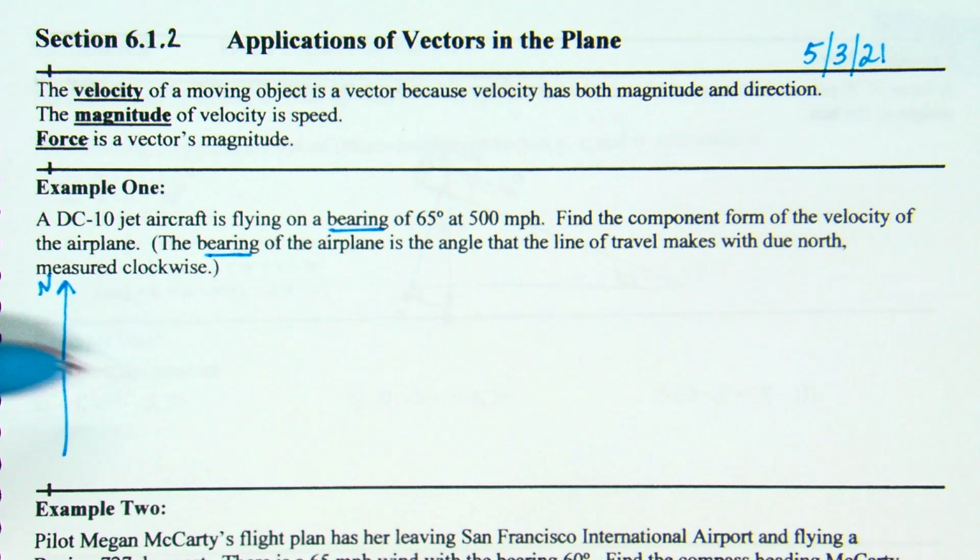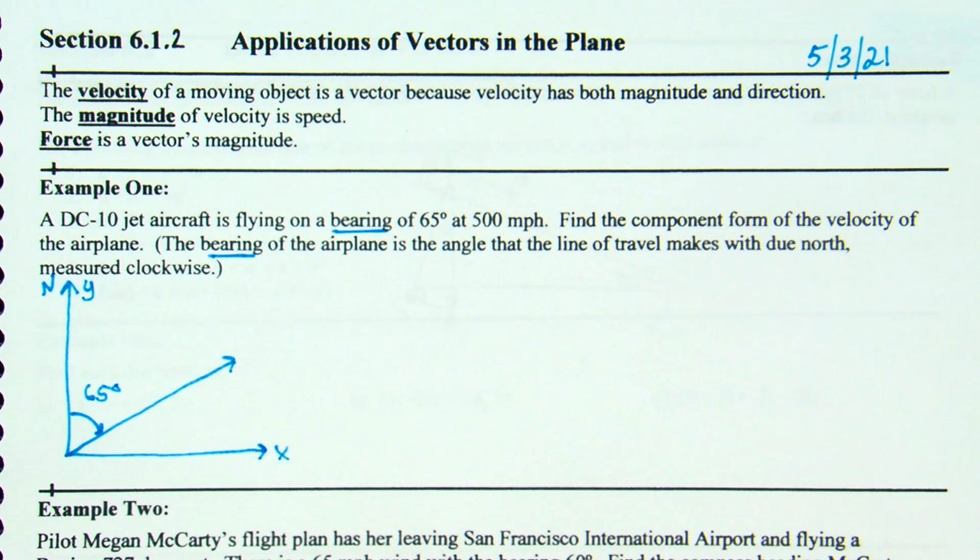65 degrees is going to be, does that work? 65 degrees-ish? So that is 65 degrees. The key is I stopped before I got to what? 90, right? So if we go ahead and draw the 90 in, we'll have to talk about it. There's your x-axis. There's your y-axis.